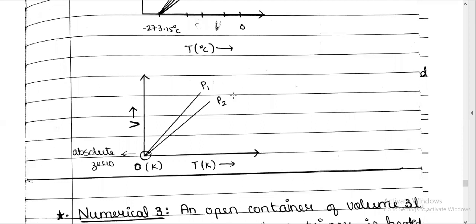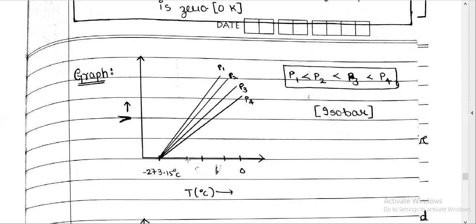So make the correction here. This is your actual line. This is 0 here, and this is your minus 273. So that other line is wrong. Got it everyone?